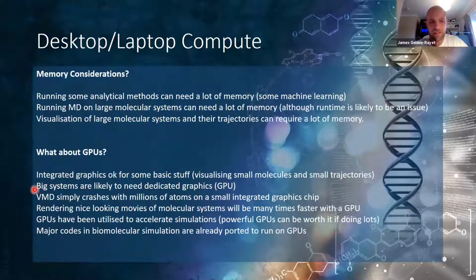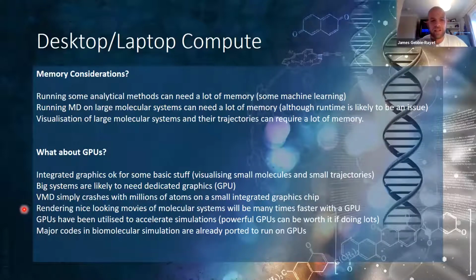If you're looking at really big systems, massive proteins, or sections of DNA or something like that, then you're probably going to need a GPU to do anything particularly useful. Again, VMD can just simply crash on a small integrated graphics chip.